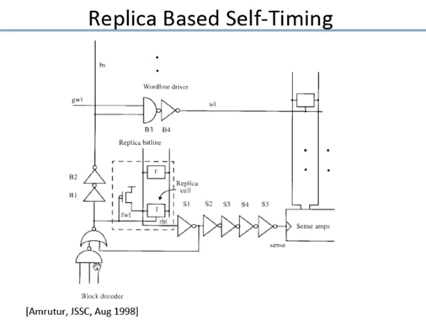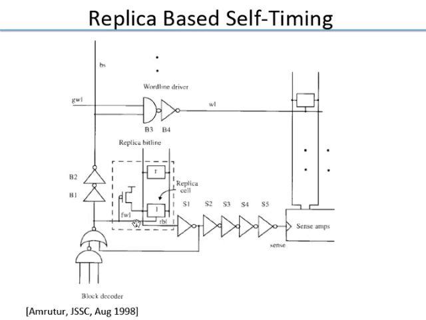So basically what is done here is that you decode, and you have a row decoder which generates what is called a global word line. Then for a particular block of memory, you say, okay, this is the block I want to activate, and this vertical block select line goes by, and that generates the local word line.